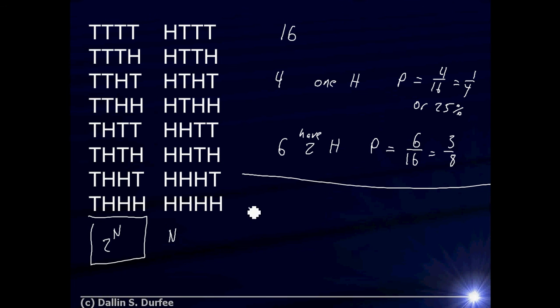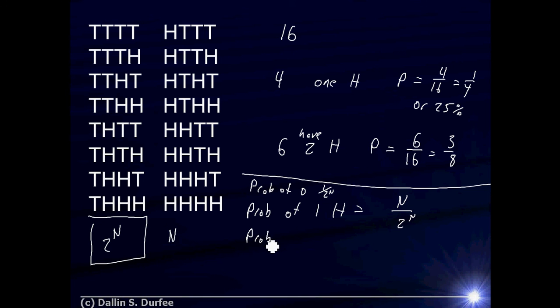So the probability of 1 heads is just going to be n divided by 2 to the nth. The probability of 0 heads is just 1 state divided by 2 to the nth. There's only 1 microstate in which they're all tails, so that's 1 out of 2 to the n.